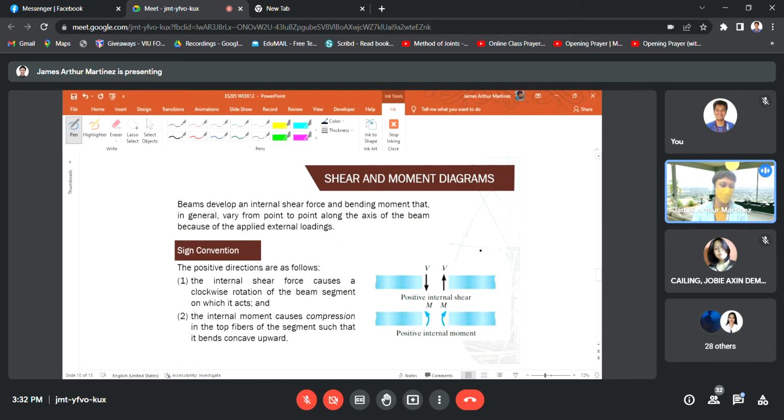This is very important, class, in order for us to design a beam that is able to resist those shear and bending moment reactions. If we determine the maximum shear and maximum moment in the beam, we can design the appropriate dimensions and reinforcement. So that is the importance of shear and moment diagrams.